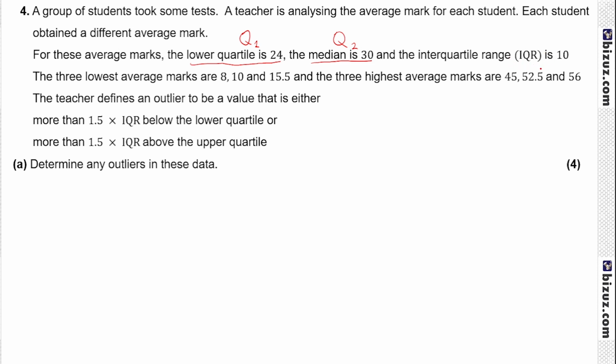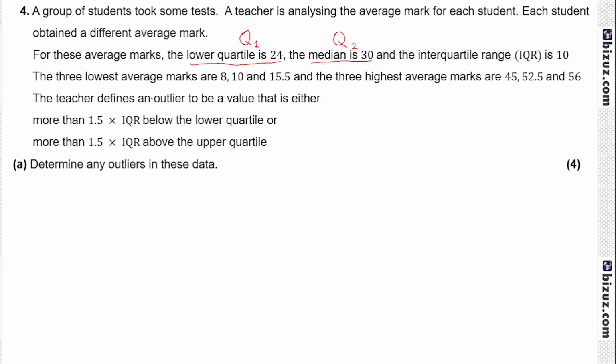We are not given the upper quartile, but we should be able to find it easily. We have Q1 and the IQR. Now, the 3 lowest average marks are 8, 10, and 15.5. So these are the 3 lowest marks, and the 3 highest average marks are 45, 52.5, and 56. So these are the upper and lower extremes, you could say.